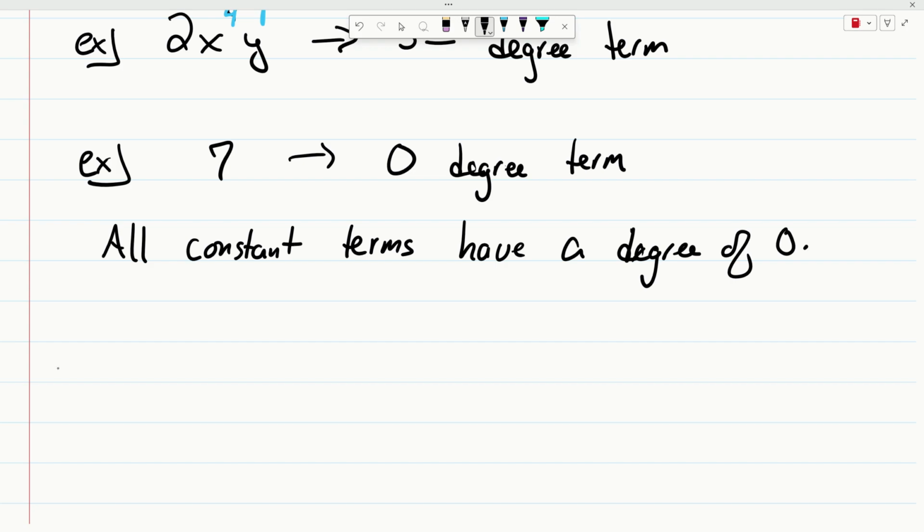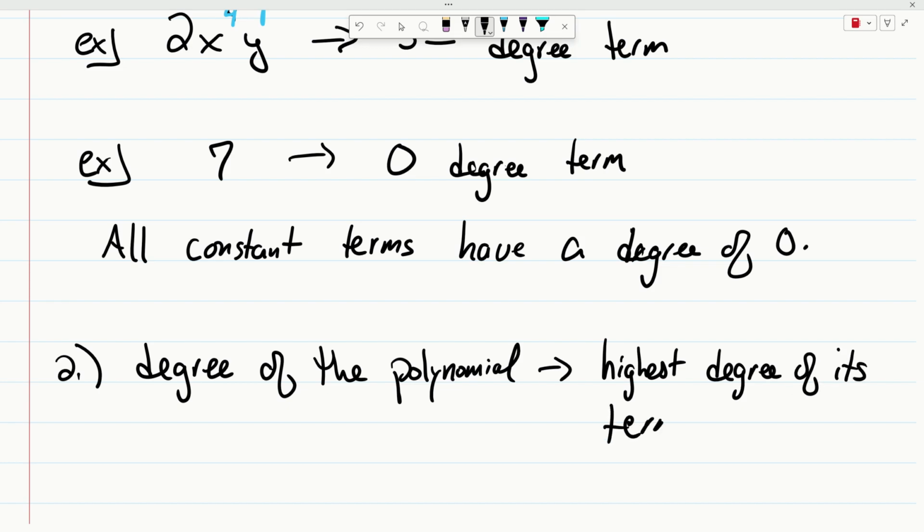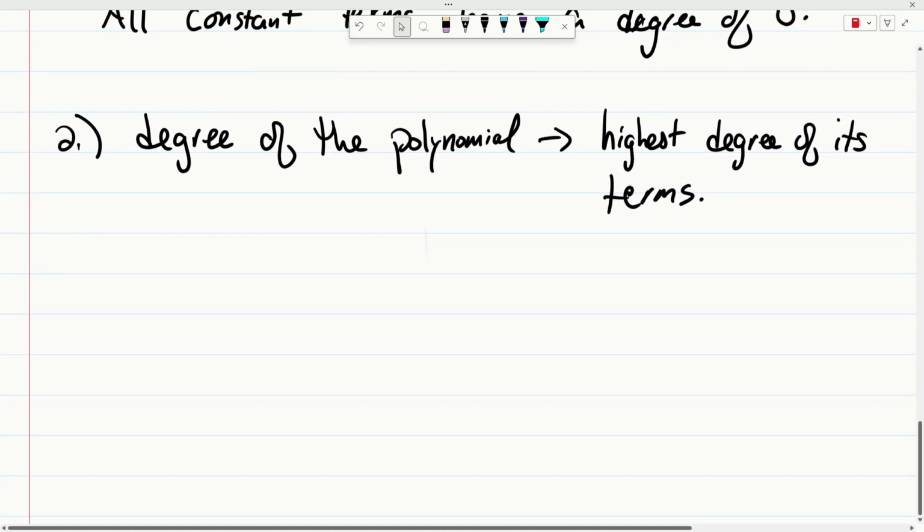Now, the second thing you have is the degree of the polynomial. Now, the degree of the polynomial is the highest degree of its terms. All right?